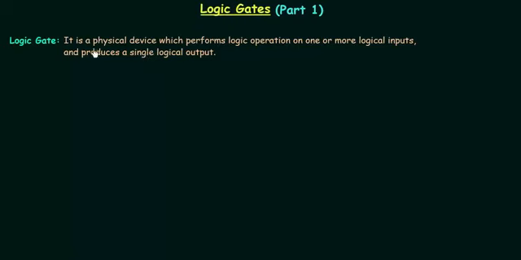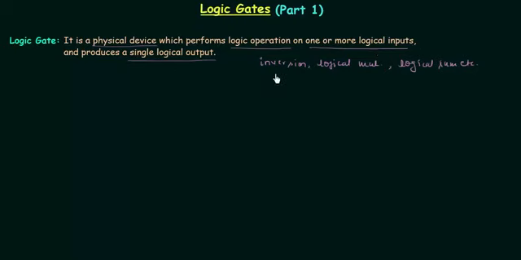output. So the first thing is physical device. Logic gate is a physical device and it performs logic operation on one or more logical inputs and produces a single logical output. Very clear. The logic operations like inversion, logical multiplication, logical sum, etc. We can perform them by using logic gate, and we can have one or more logical inputs.